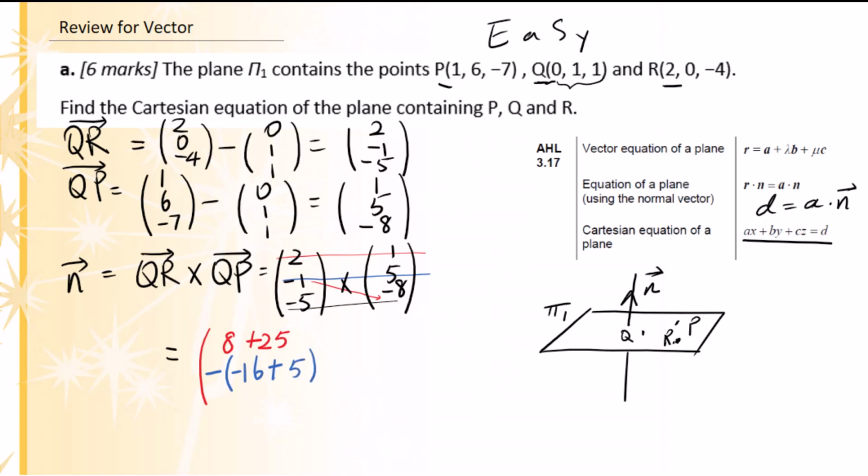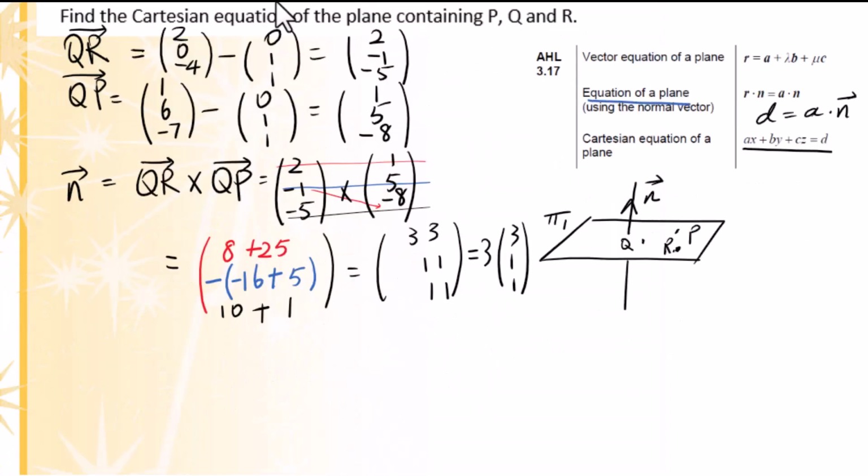Cross out last row, 2 times 5 is 10, minus -1 times 1 is -1, so plus 1. (33, 11, 11). Since this is a normal vector, we can take a factor out, (3, 1, 1).